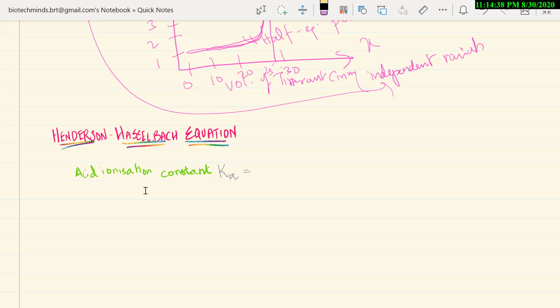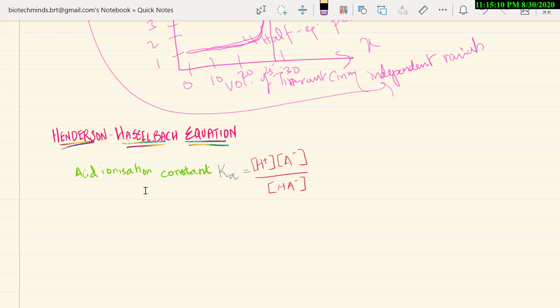So what does it equate to? Ka equals the concentration of protons, H plus, times the concentration of conjugate base, divided by the concentration of weak acid.